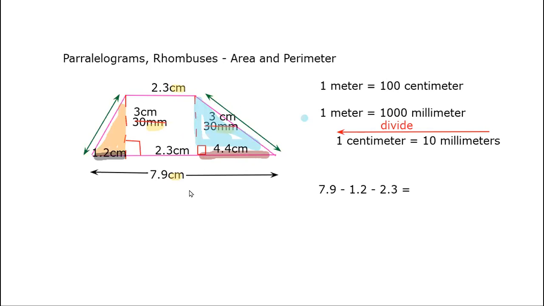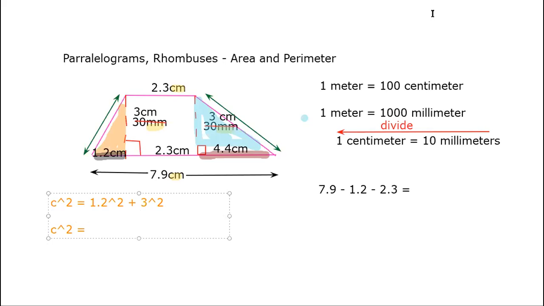So now let's use Pythagorean theorem to figure out the hypotenuse of the orange triangle on the right. So we have c squared equals a squared, 1.2, plus b squared, that's 3. That's my short leg and my long leg. So c squared equals 1.2 squared. What is that?